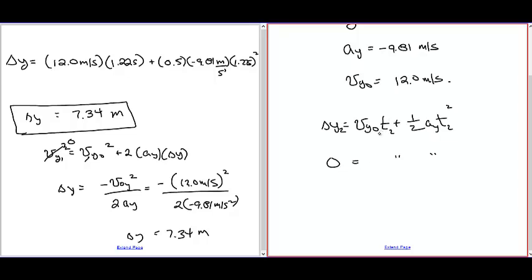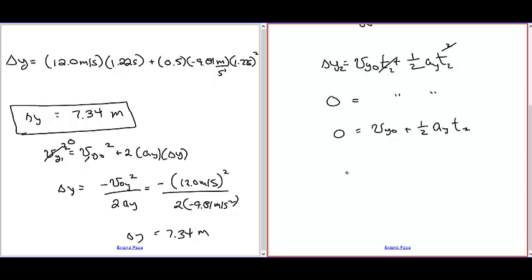Well, you can see I can cancel one of those out. And so what I'm left with is 0 is equal to v sub y0 plus 1/2 a sub y t2. And so T2 is equal to negative v sub y0. I'll move this to the other side, it becomes negative, multiply by 2 and divide by a sub y.